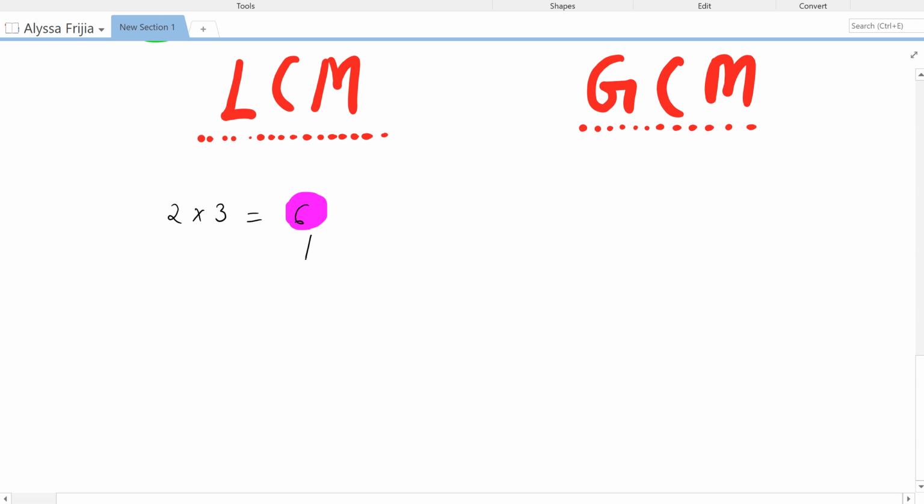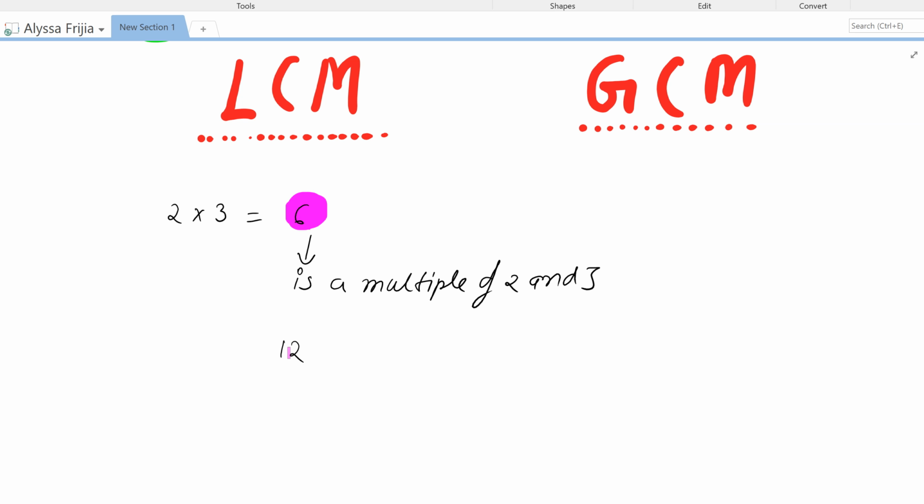So 6 is one of the multiples. There are many multiples, but 6 is a multiple of 2 and 3. Now we know that 12 is also a multiple of 2 and 3, but 12 is not the least.